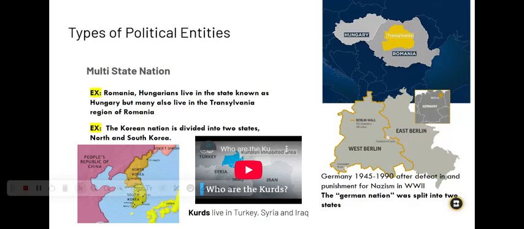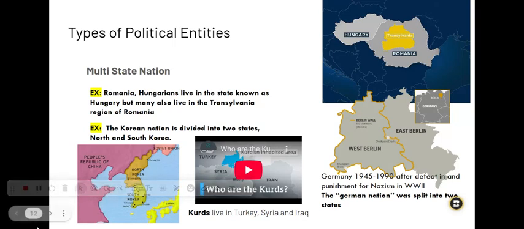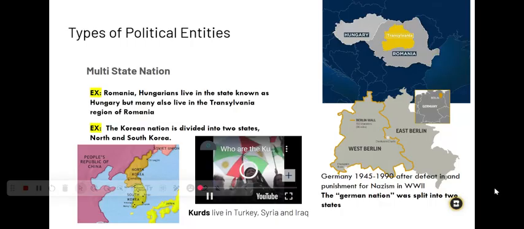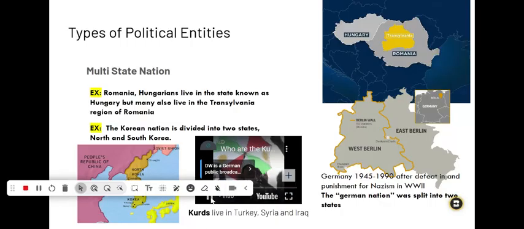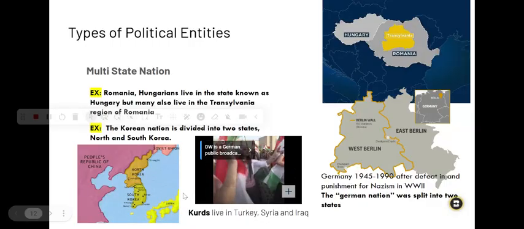So the Korean nation is also divided into states, like I said previously, North and South Korea. Kurds are seen as the world's largest ethnic group.